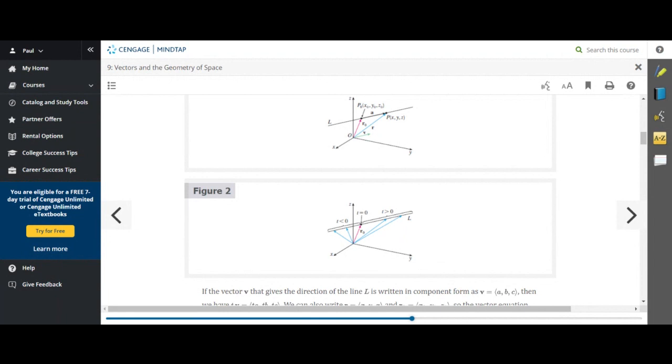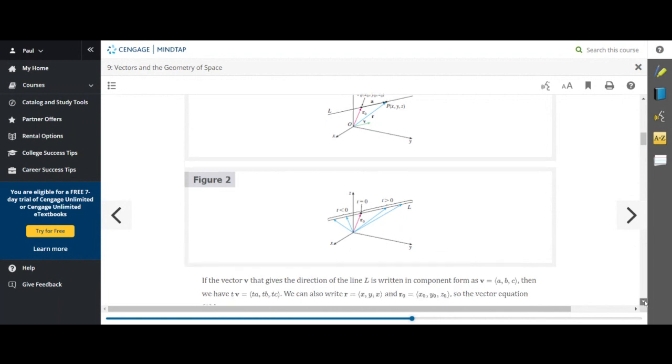For t greater than 0, you'll be generating points that go to the right, and for t negative, you'll be generating points that go to the left. So this seems like a very convenient way to describe a three-dimensional line in space.